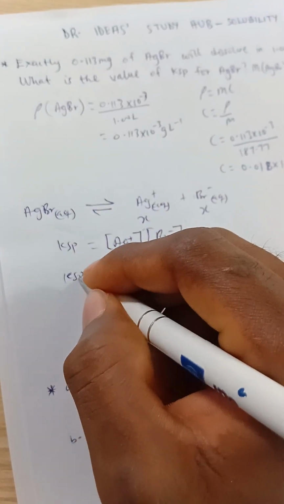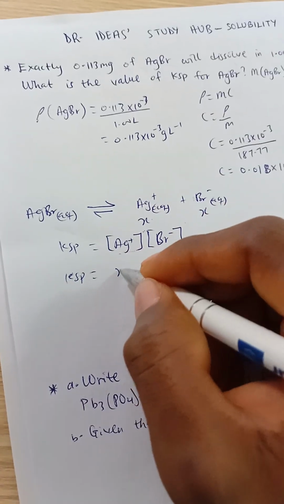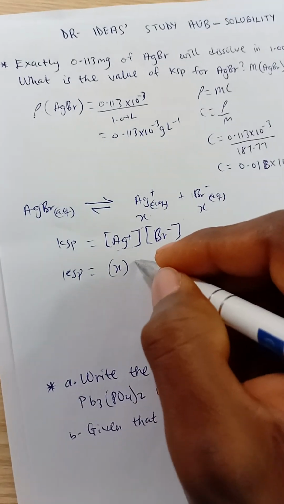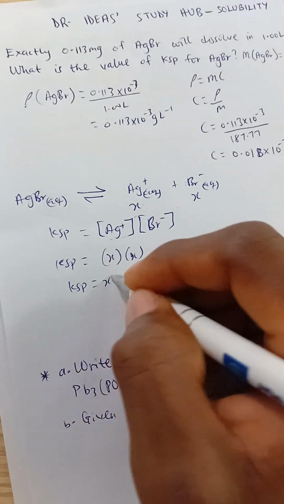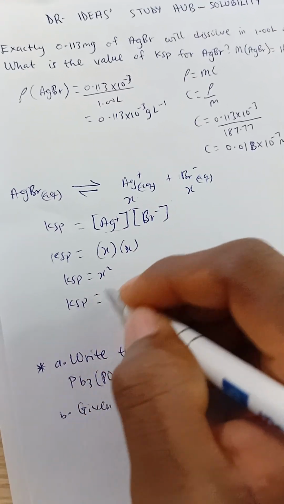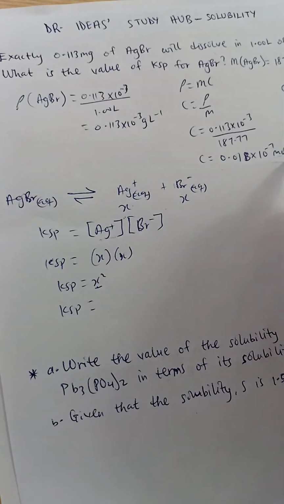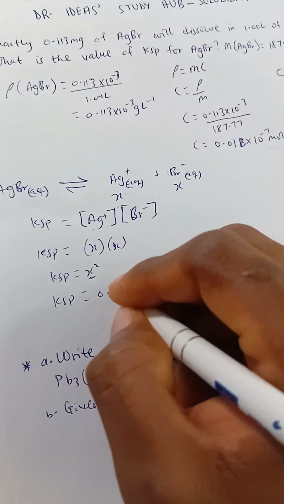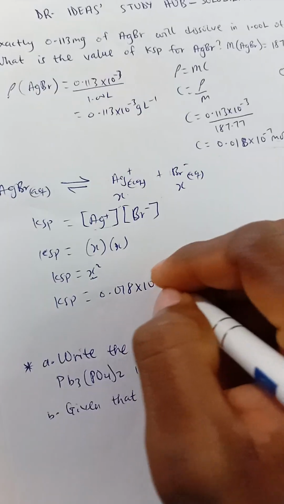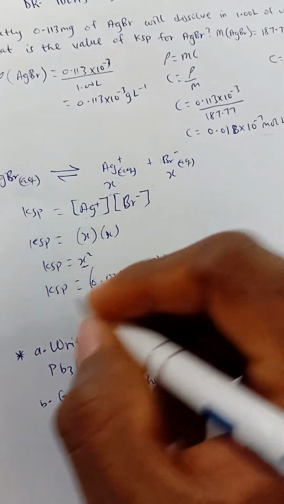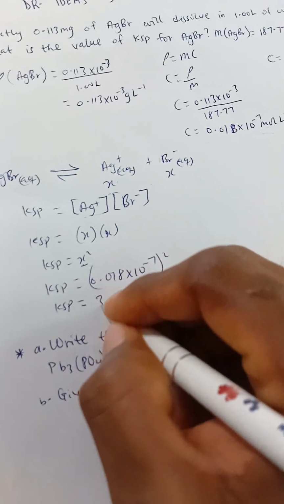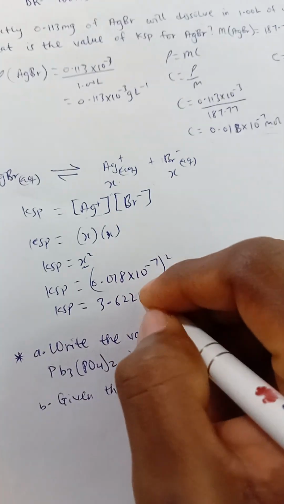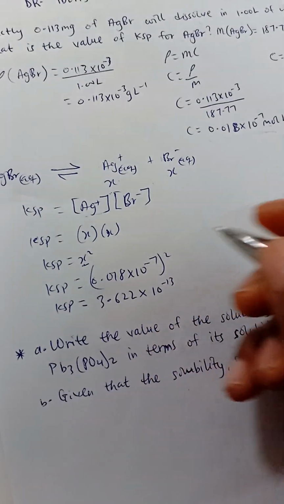So our KSP equals X times X, so KSP equals X squared. X is our solubility, which we calculated: 0.018 by 10 to the power negative 7, all squared. Then finally we get a KSP of 3.622 by 10 to the power minus 13.